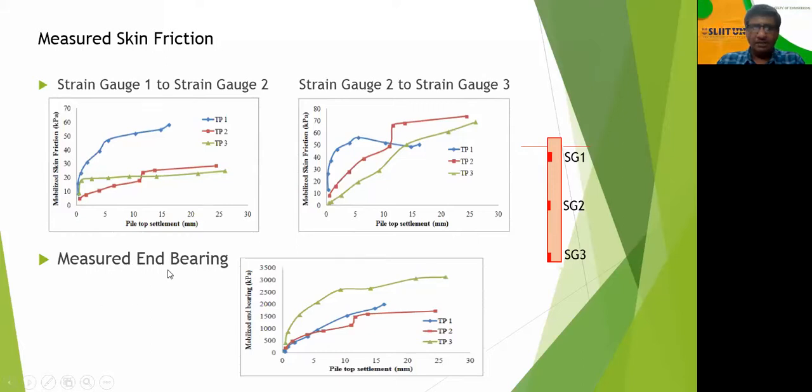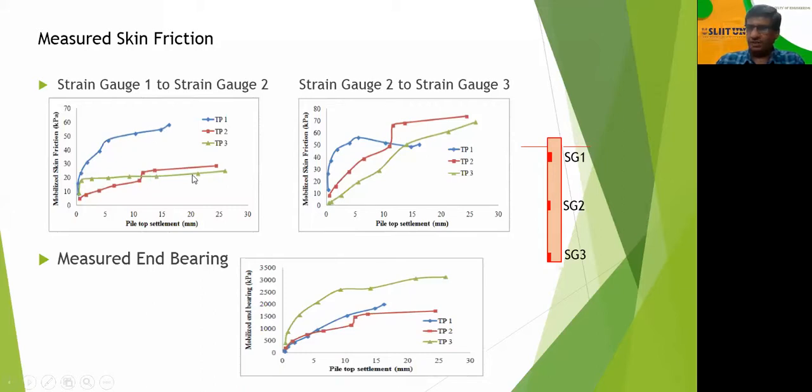And these are actually measured in bearing, right? You can see for test pile 1, it is like this, and this is for test pile 2, and this for test pile 3. Now, one thing is that if you look at this one, you can see that the mobilized skin friction values taper off.